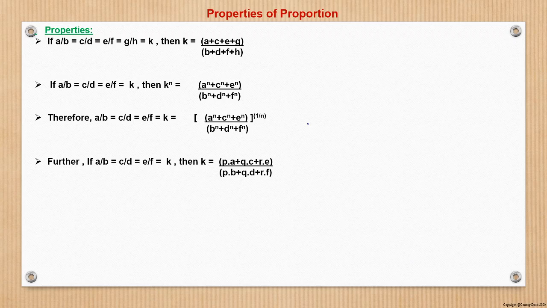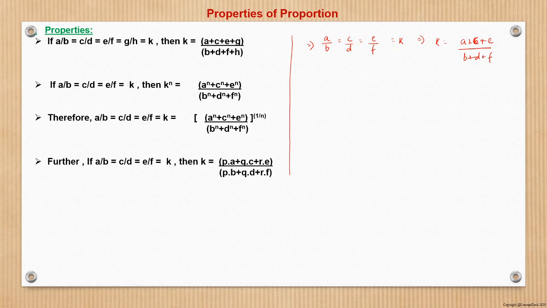So see here, what is it? Now in our first session on properties of ratio, we had seen that if A by B is equal to C by D is equal to E by F, and we call that K, then K is nothing but (A plus C plus E) upon (B plus D plus F).